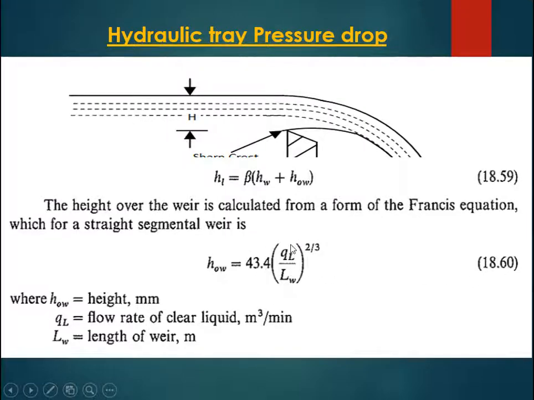Here we can find that this height of crest will increase when volumetric flow rate of liquid increases. Also this height of crest will decrease when length of the weir reduces, and that seems logical to us. Now here the height of liquid over the weir is clear liquid height, because we have taken Q_L as the volumetric flow rate of clear liquid. So that should be very clear right now.